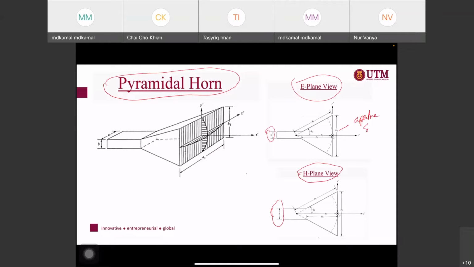Aperture size. Sometimes we use capital B, or sometimes this one is also capital A. So it's the same thing. A is equal to A1, B is equal to B1.